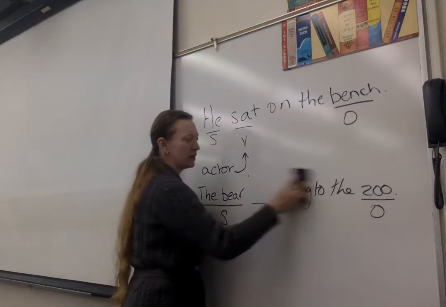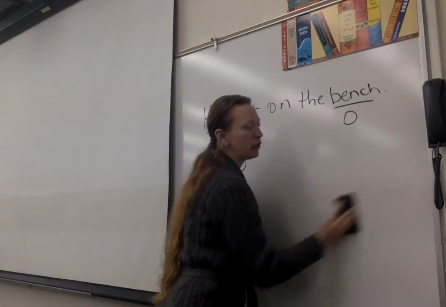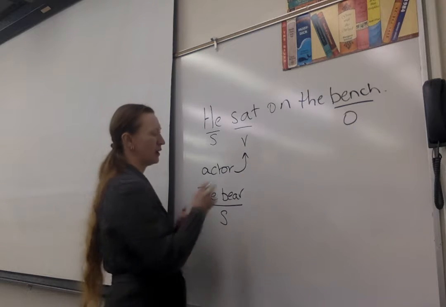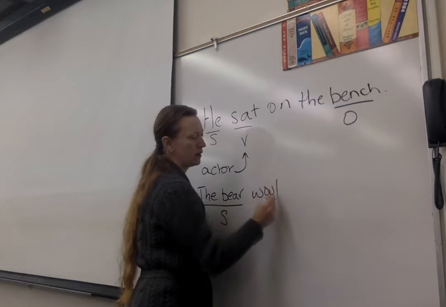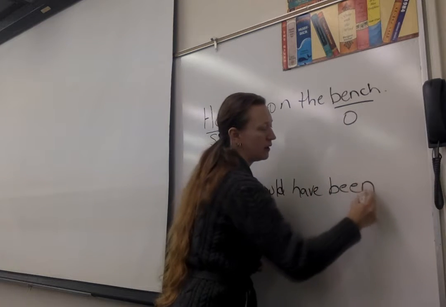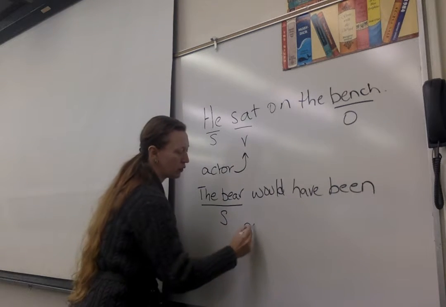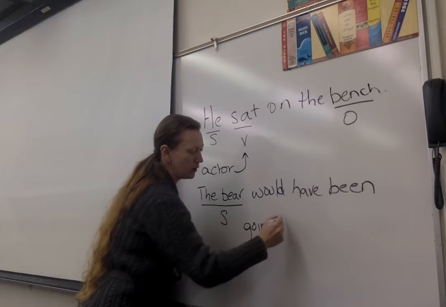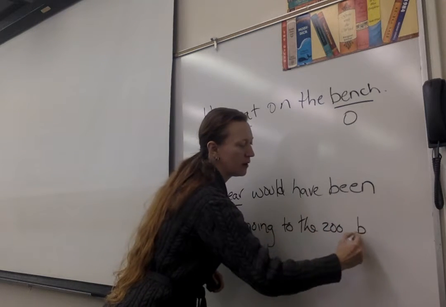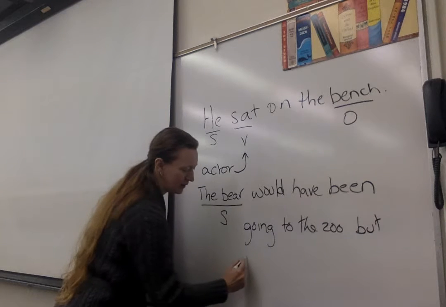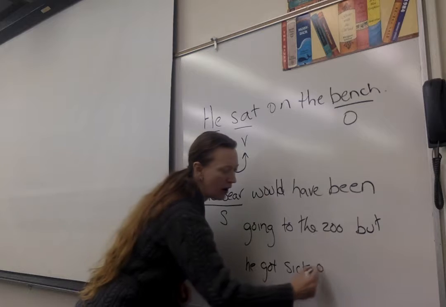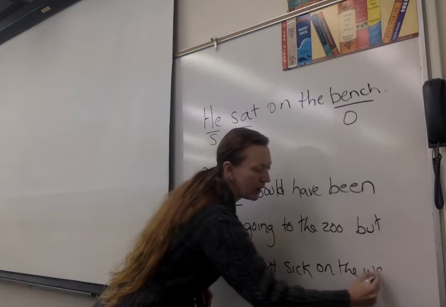So sometimes we have modal verbs, and modal verbs can be 4 words long. So the bear would have been going to the zoo, but perhaps he got sick on the way.